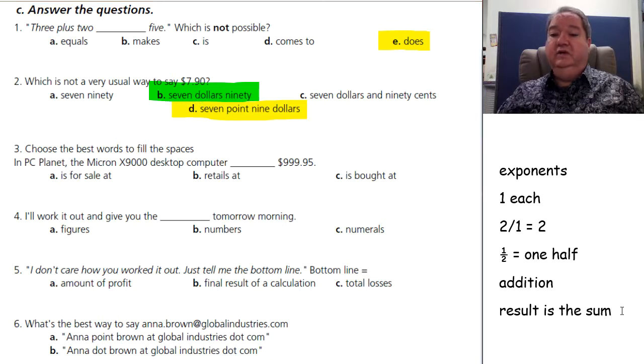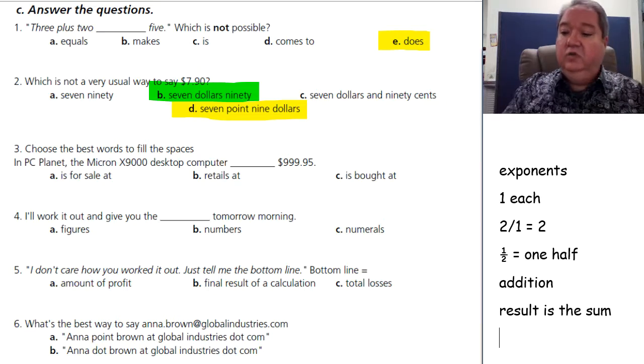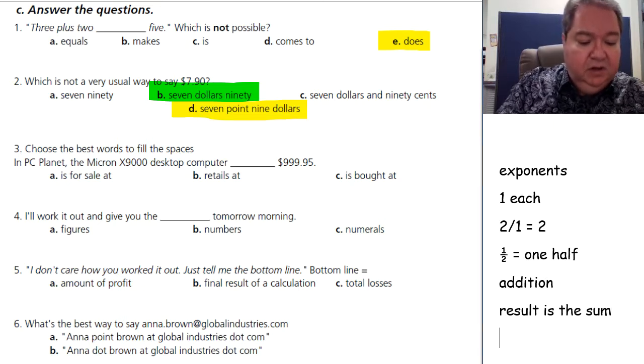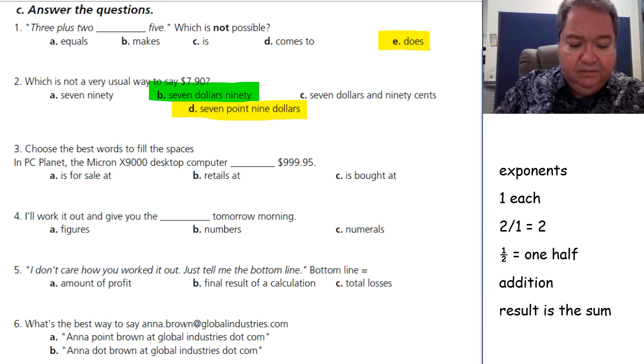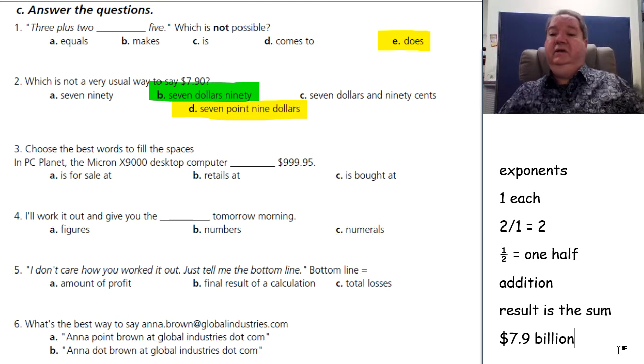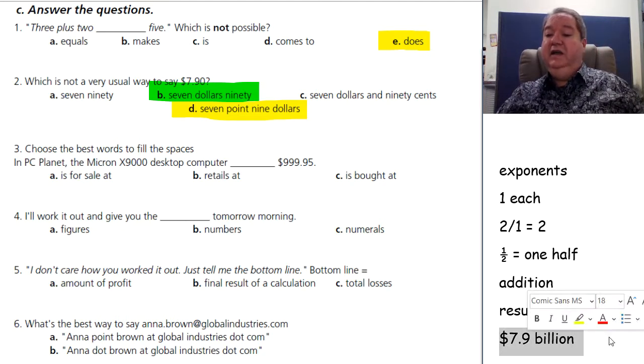Now, where you will see part D here, $7.9. If it's just dollars, we won't say that. But if you have something like this, 7.9 billion dollars, this you can say $7.9 billion.